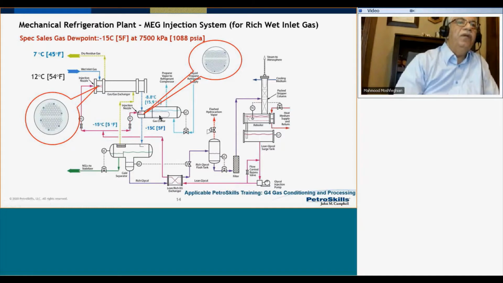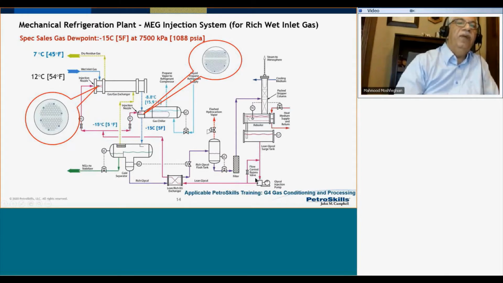Because MEG is expensive, we separate it in a three-phase separator and send it to a regeneration process, and vaporize the contaminated water, and then we get lean glycol solution.